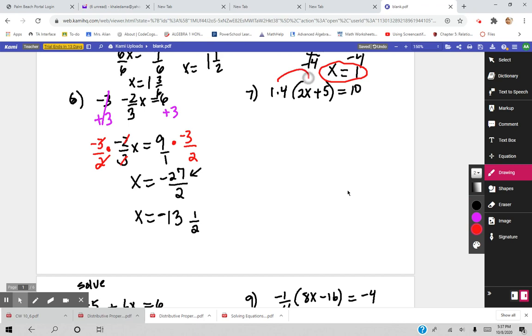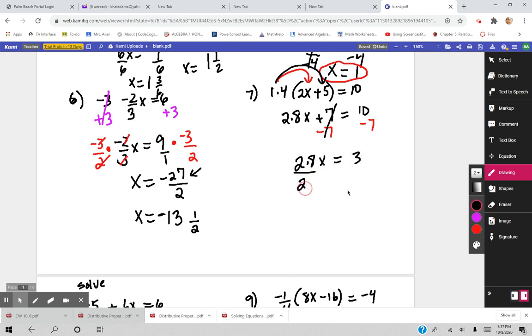So you're going to distribute 1.4 to 2x, and you're going to get 2.8x. You will distribute 1.4 times 5, and you're going to get 7 equals 10. Okay, let's eliminate the +7 by creating a zero pair here. Subtract 7 from here, subtract 7 from here, and you end up with 2.8x equals 3.